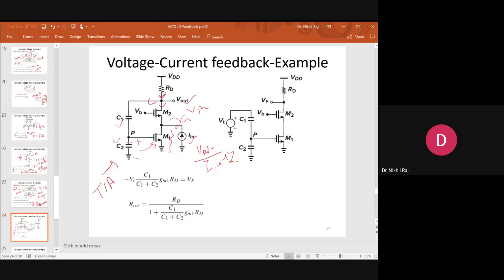So C1 is sensing current, then C2 is developing voltage and giving it in series form to VGS. That VGS generates the ID1 current, which generates the R01 value. R01 in parallel with I in generates the V in voltage, and the ratio of V in and V out gives you the gain of the amplifier, that is the common gate amplifier gain.